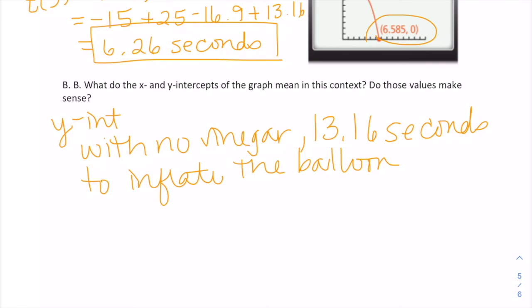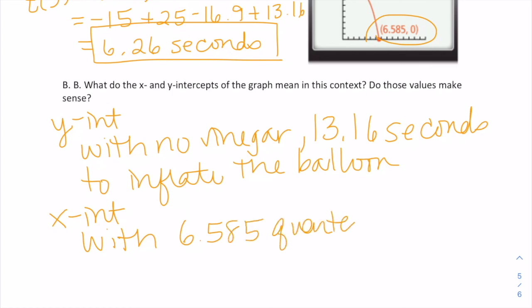If we look at the x-intercept, it's saying if we have about 6.6, well, 6.585 cups of vinegar. So I'll put this here, 6.585 quarter cups of vinegar.